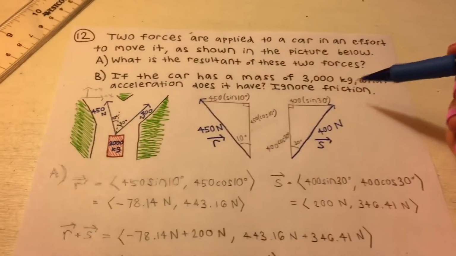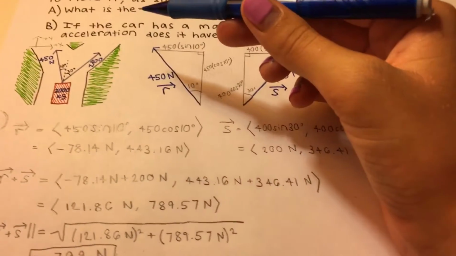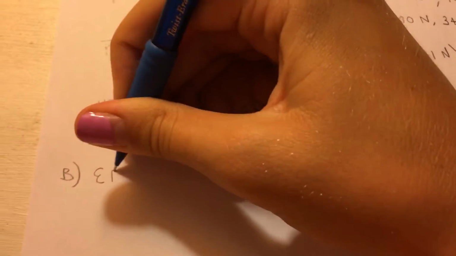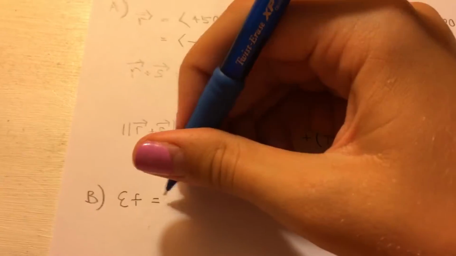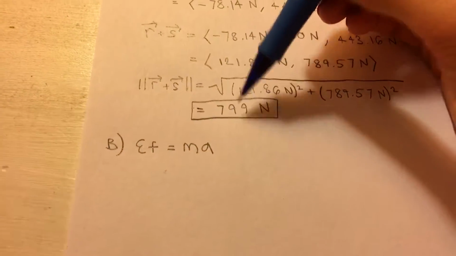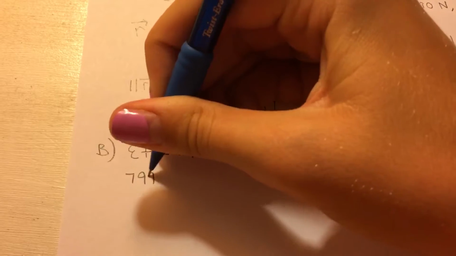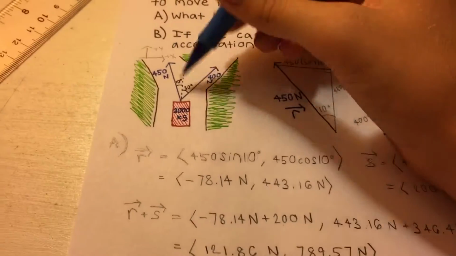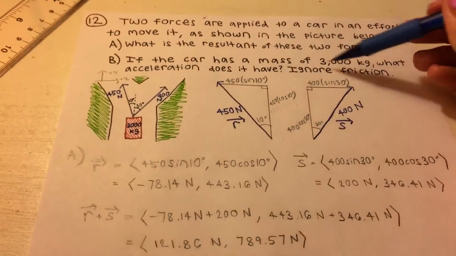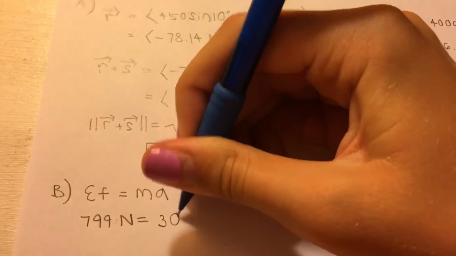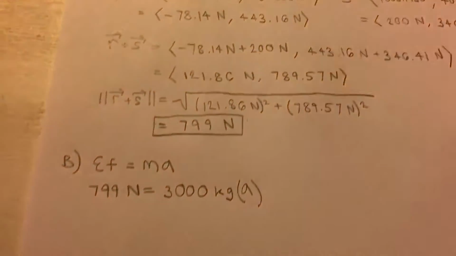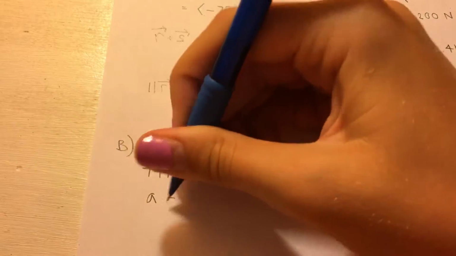And to find the acceleration, we have to use our equation of the sum of all the forces equals the mass times acceleration. So we just found the sum of all of our forces, 799 newtons, because it's the sum of these two forces. So that's the sum, and then the mass they just gave us, 3,000 kilograms, times the acceleration. And so now you just solve for acceleration.